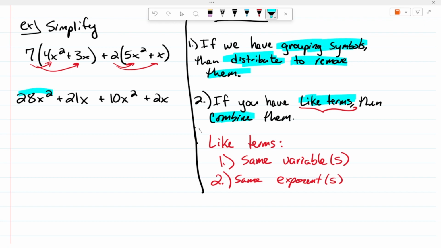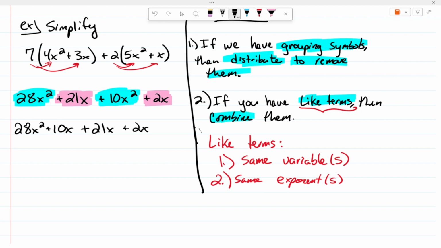The answer is yes. I will color code them. So we have the x squared terms, and we have the x to the first terms. So that's going to be 28x to the second plus 10x plus 21x plus 2x.